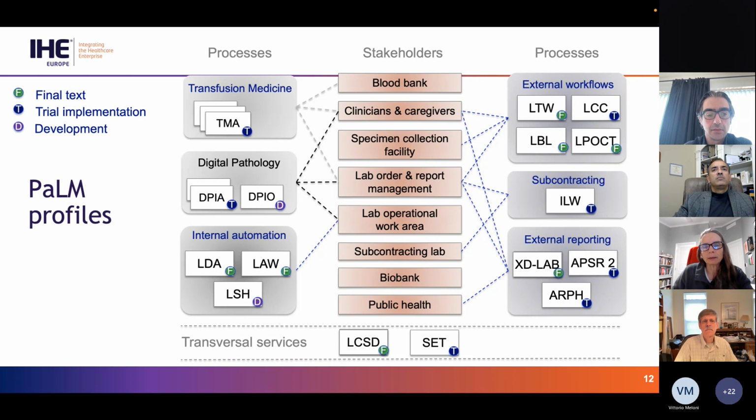And then the specimen event tracking profile, and Alessandro is going to talk more about that. But those are 2 profiles that are kind of more cross-cutting across the different stakeholders. So it's hard to put lines onto this diagram. So with that, next slide.